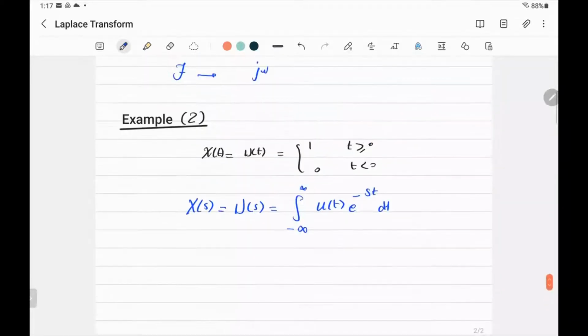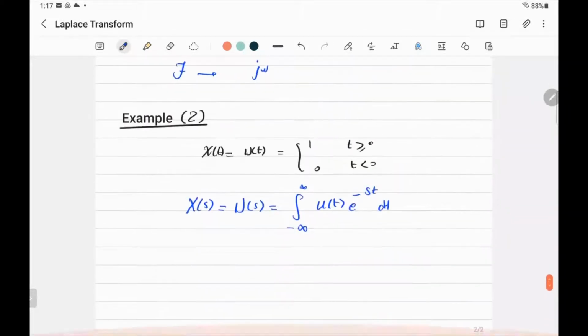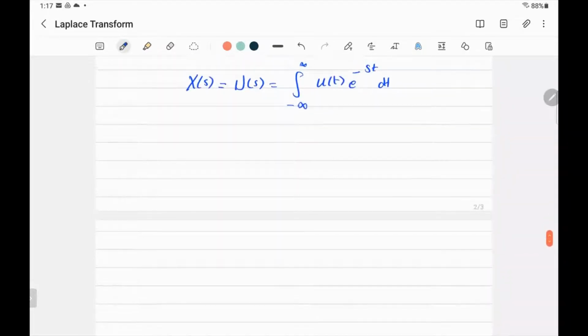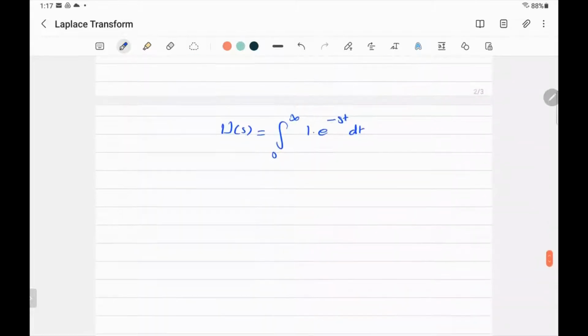u(t) will be equal to 1 only when it starts from 0, so I'm going to change the limit to 0. So the Laplace of the unit step will be equal to the integration from 0 to infinity of 1 times e to the minus st dt.